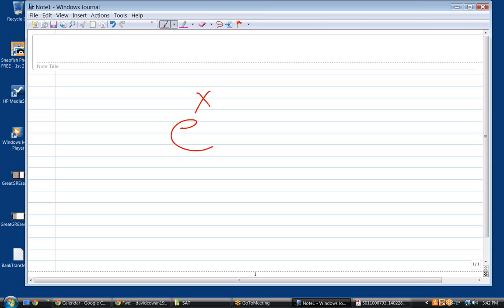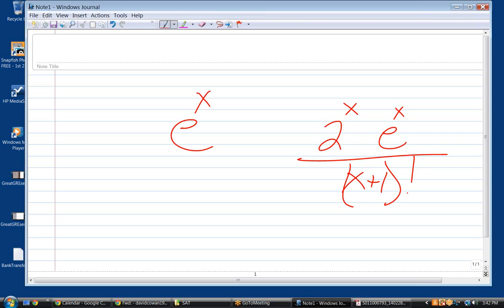And that, to me, seems like we came down to e to the x and what? 2x or 2 to the x or something like that, all over a factorial. Right? Isn't this kind of where we left off?